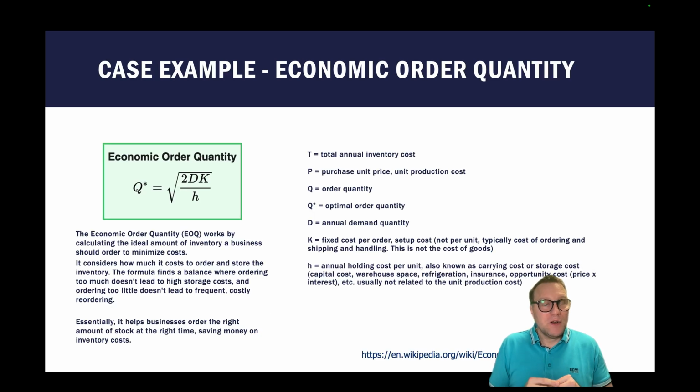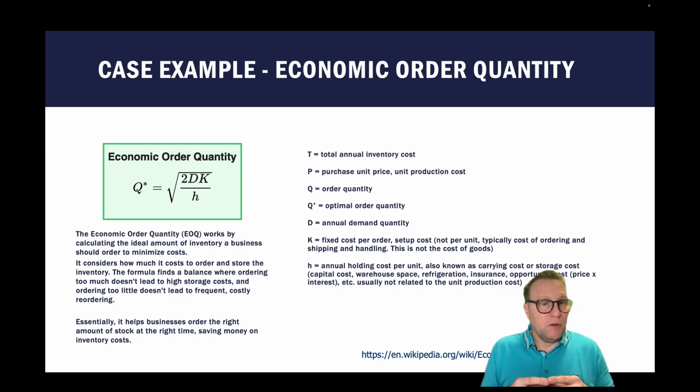That means if you look at this chart, you see these two critical points: ordering too late or ordering too much. When you look at this picture, sooner or later you always will end up with a so-called economic order quantity. That means you can calculate how much to order. That's really balancing the inventory cost against service level. This is the final formula. This is a very old formula already.